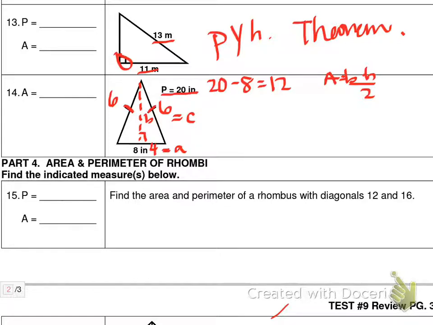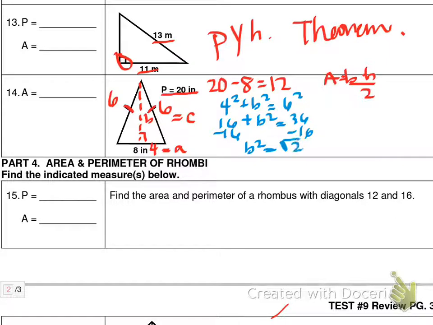Okay, so I have 4 squared plus B squared equals C squared, which gives me 16 plus B squared equals 36. Subtract my 16 from both sides. B squared equals 20. Then to get rid of my square, I need to square root both sides.